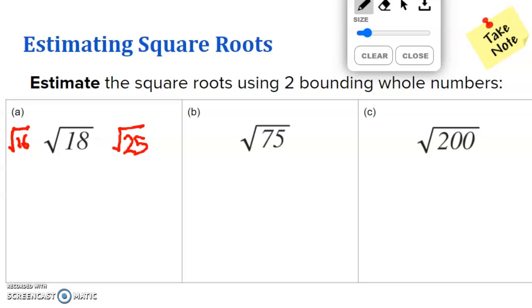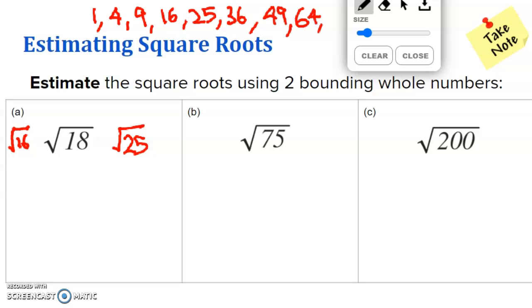Remember, our perfect squares are 1, 4, 9, 16, 25, 36, 49, 64, 81, okay, and so on. So I know that it's between these two.